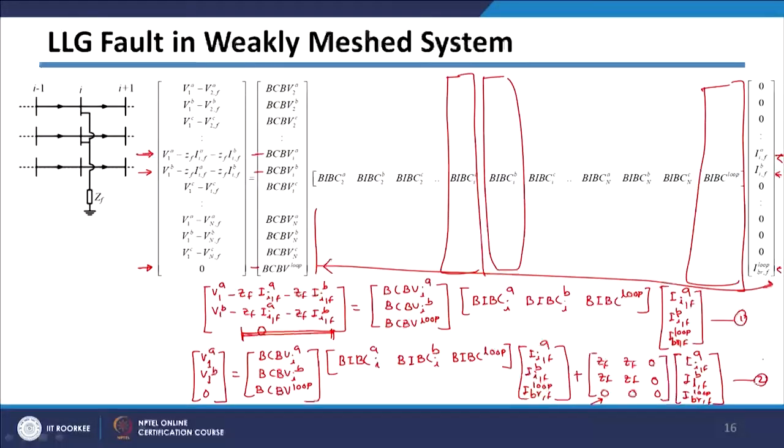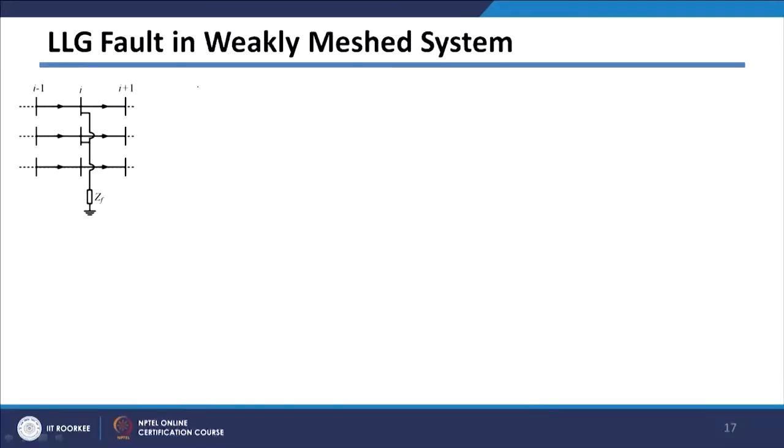So this equation 2 I will take on the next slide. By taking these terms which are common, fault current and fault current in loop forming branches, I can take them out. So in this case I can just write it like this.